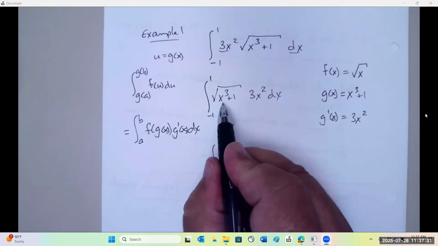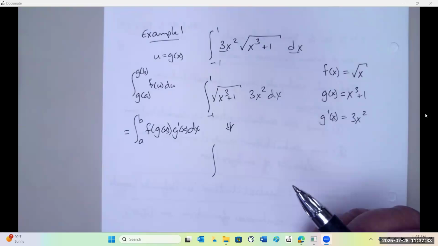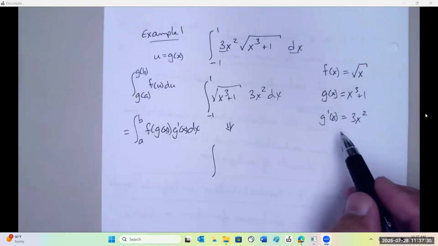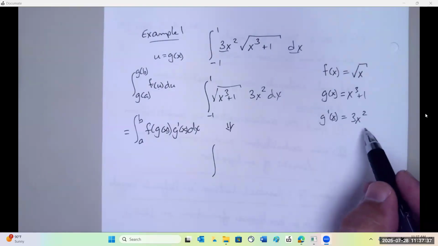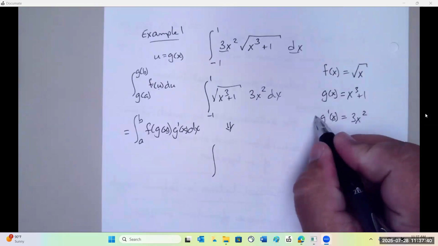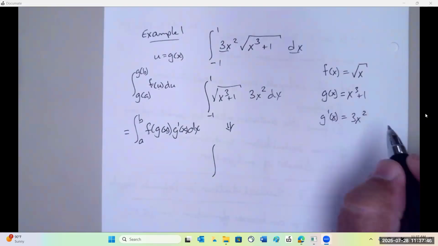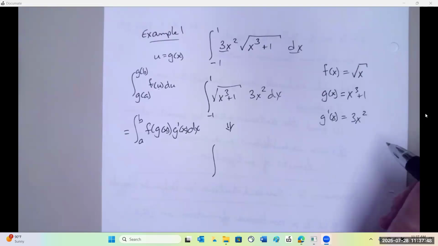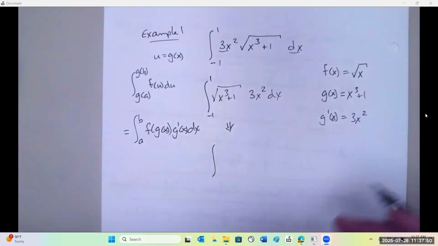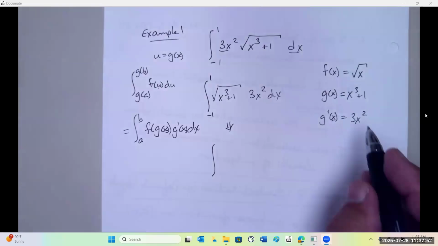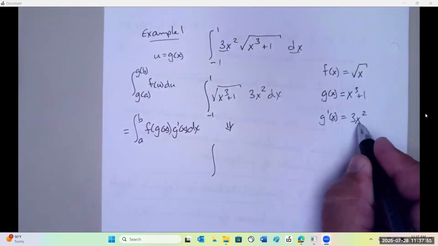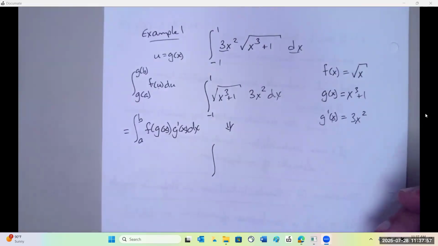Somebody asked whether we still want to write g prime of x on the far right in terms of dx, like 3x squared times dx? No, we only do that when we're looking at the substitution method, where we use du equals u prime dx at the end of it. Because this is a function of x, we don't write dx afterwards. It's just what it is.